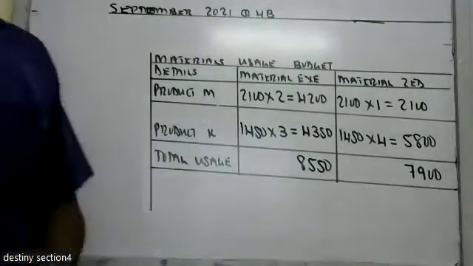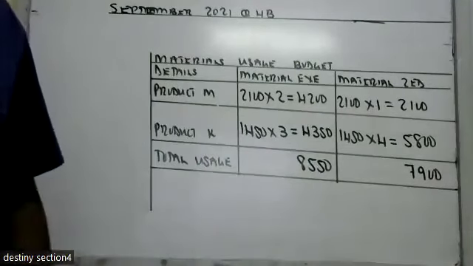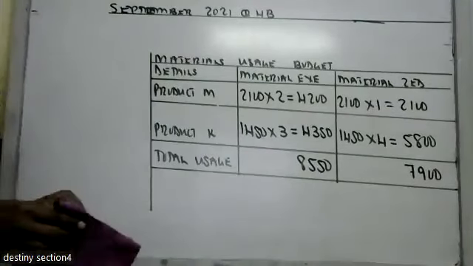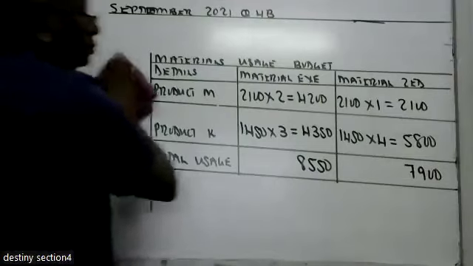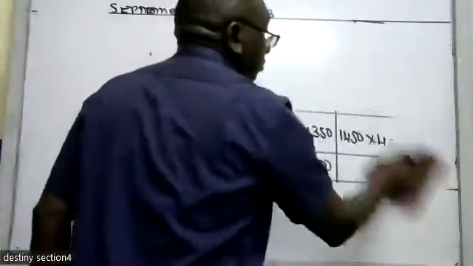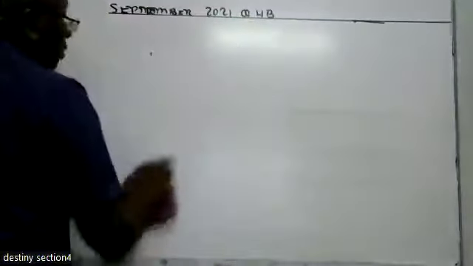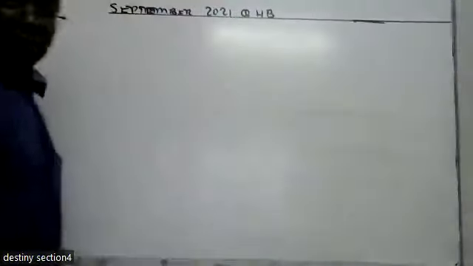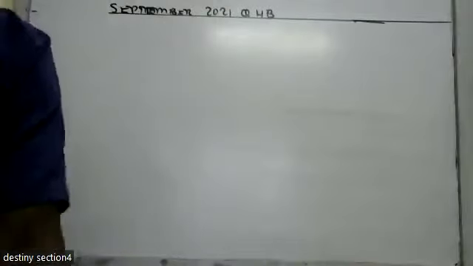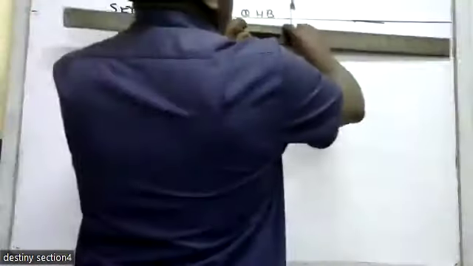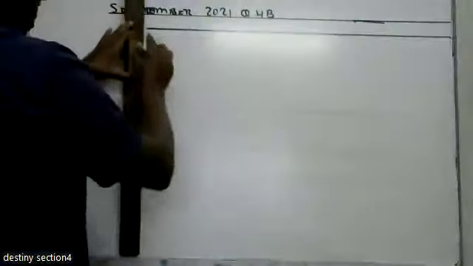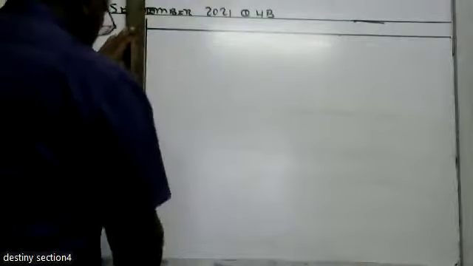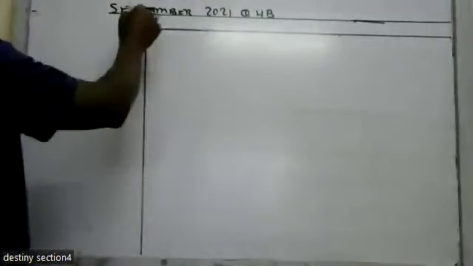You require how many units? The next one is called the materials purchase budget.